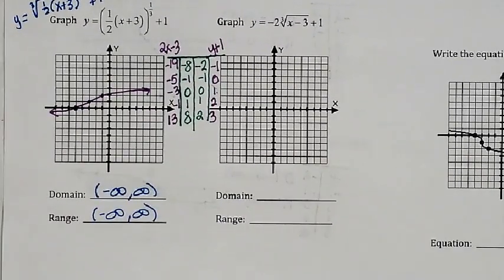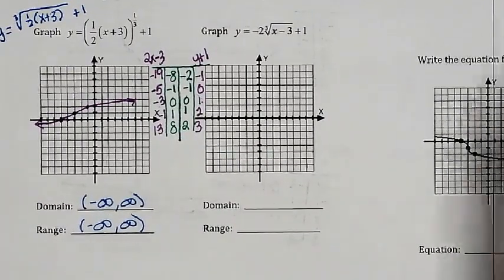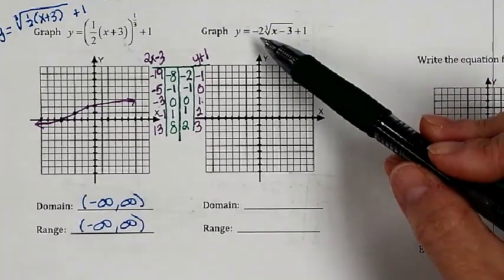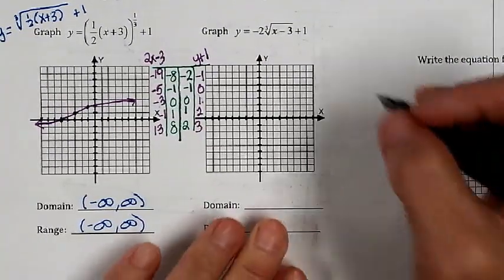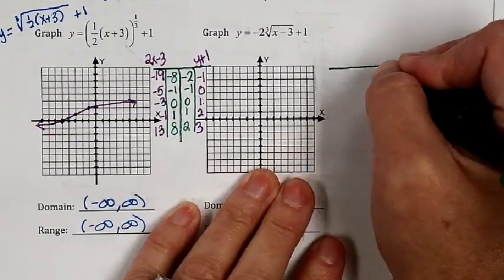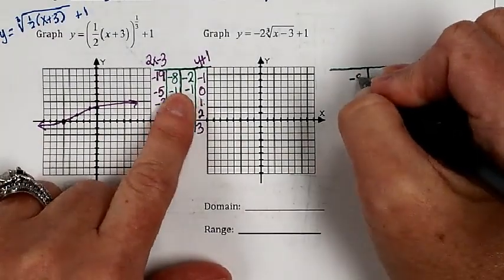Alright, next one for the graphing. Y is equal to negative 2 cubed root of x minus 3, plus 1. Same cubed root, so same parent function: -8, -1, 0, 1, and 8.